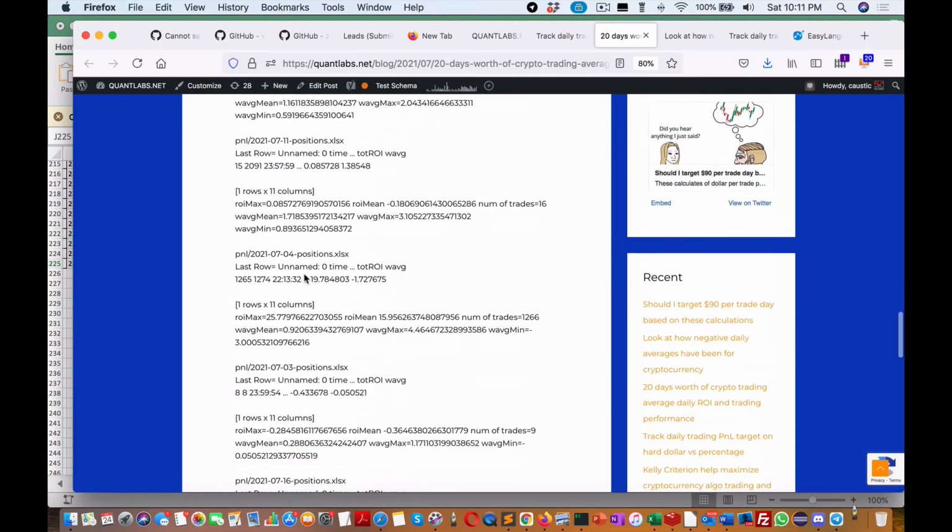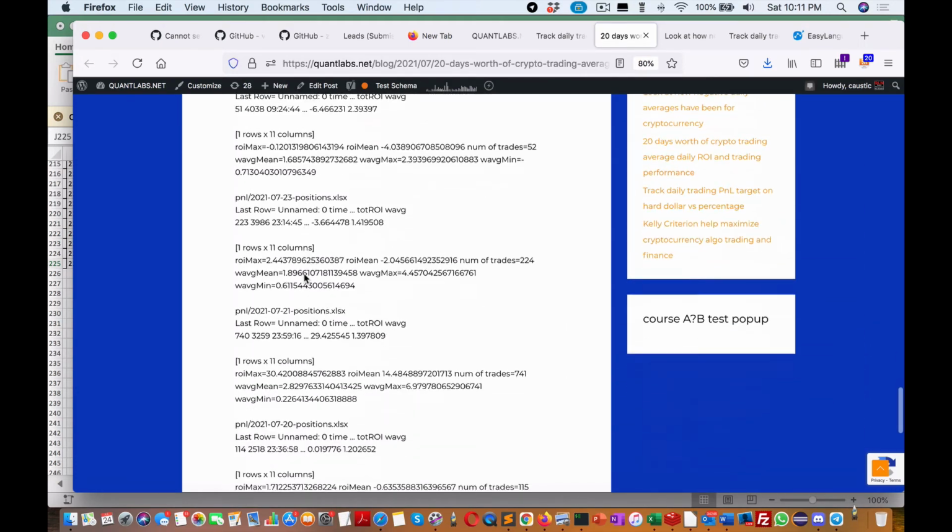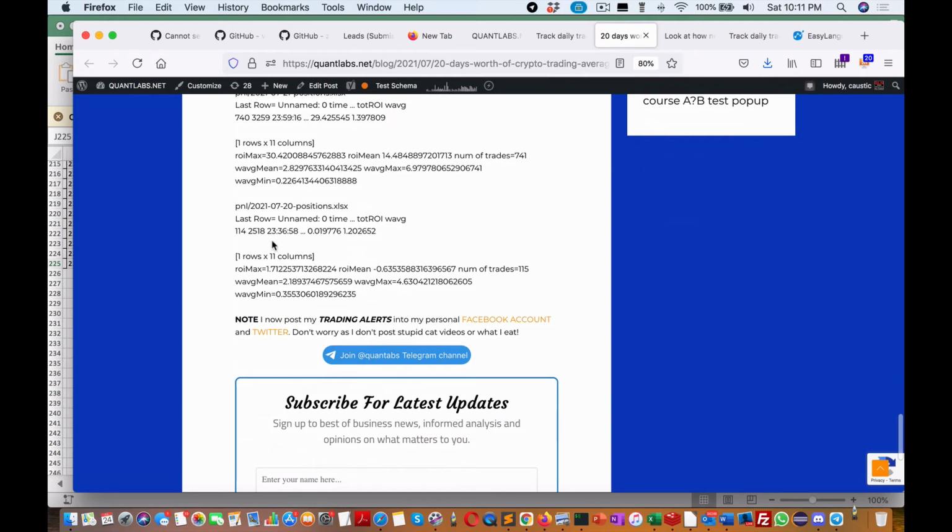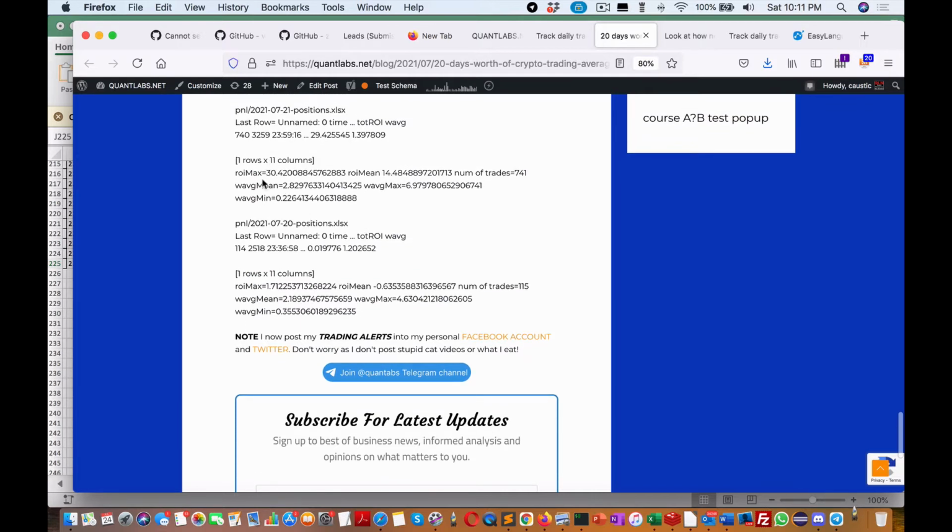And this is all done in Python. So we now have this calculation for each day, okay? And we can go through the metrics and look for patterns. So if we have certain days of, let's say, 29%, for that day the maximum that ROI hit for the day, running total, was 30%.